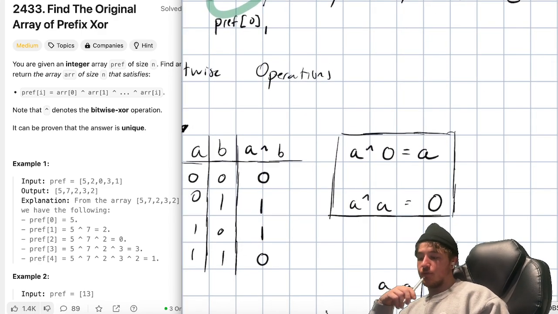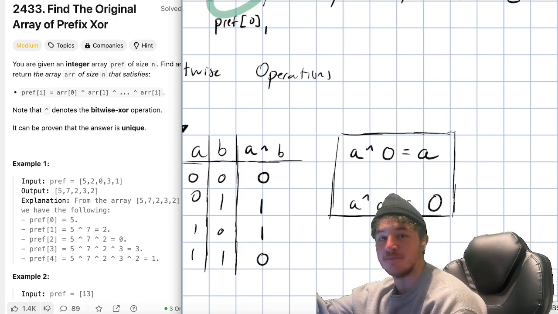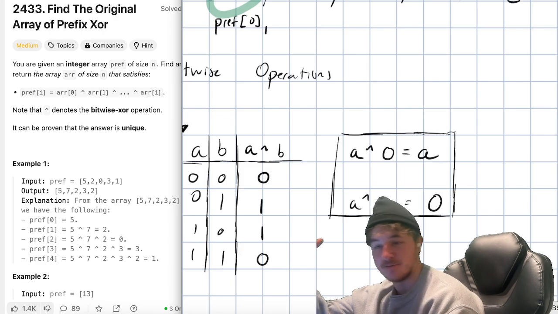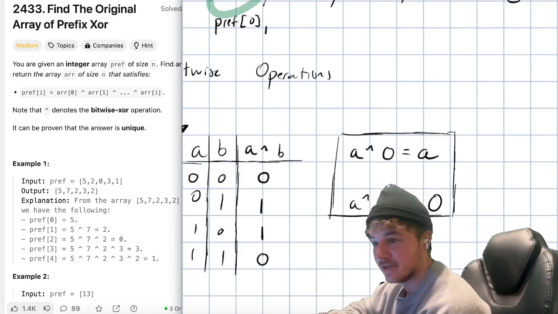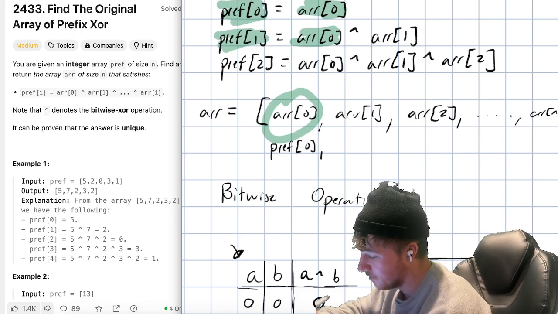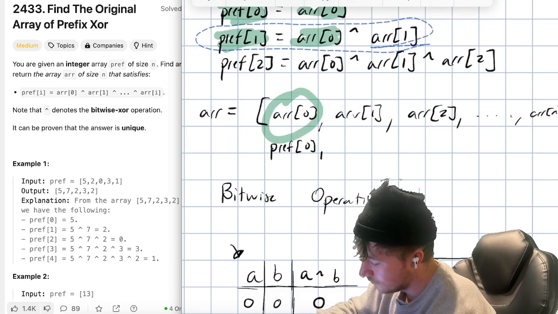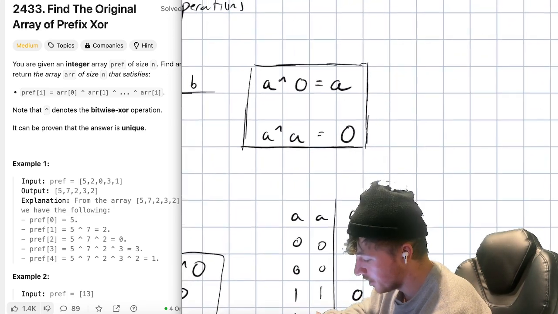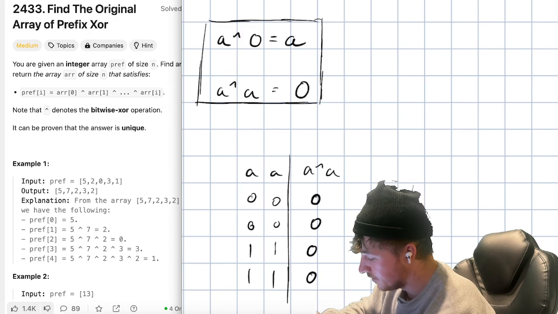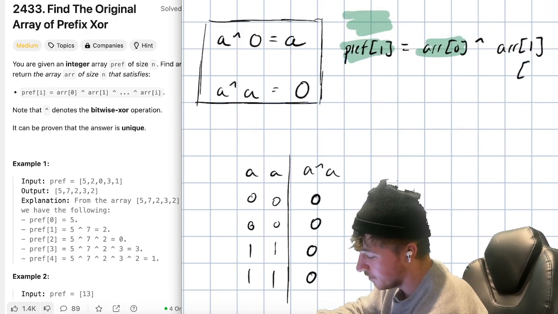If I can apply an operation to one side, I can apply it to the other side, right? That's a legal mathematical idea. If you have the two sides of an equation, I can apply stuff to both. So I'm going to take this out and put it over here so we can use these facts and see if we can find something about this problem.